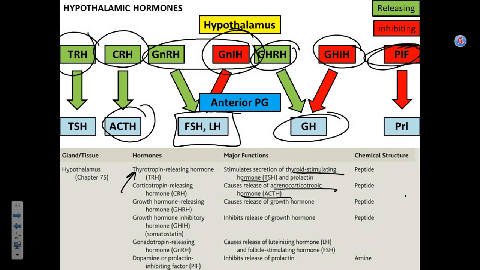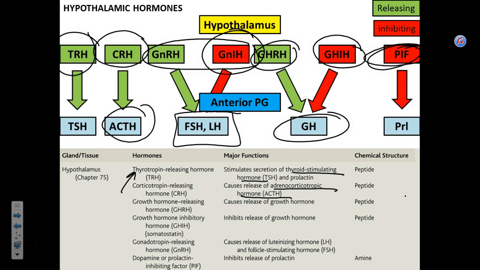I mean, you shouldn't have any idea what thyroid stimulating hormone is, or ACTH, or what are the roles of FSH, follicle stimulating and luteinizing hormones. We didn't talk about it. They're parts of different regulatory systems. What I want to highlight here is that these hormones stimulate other hormones. That's it.